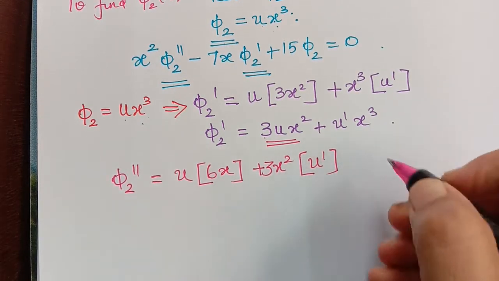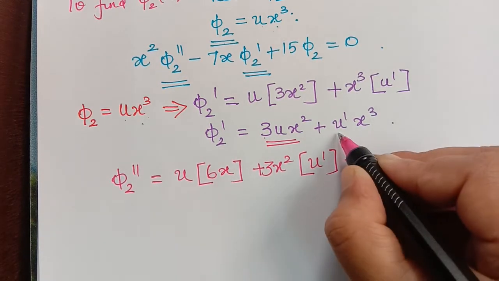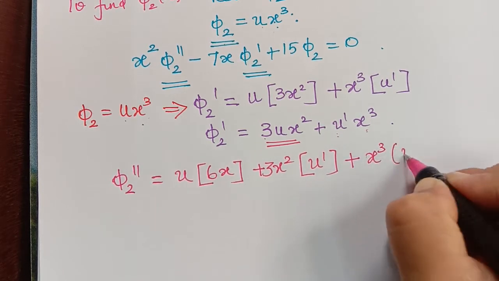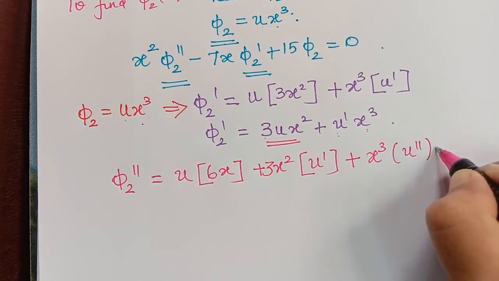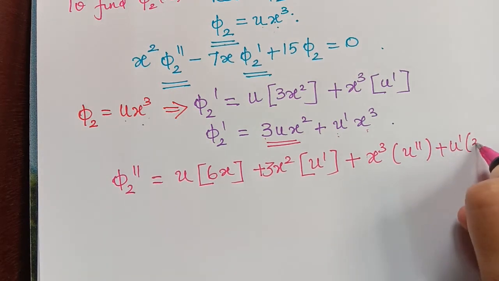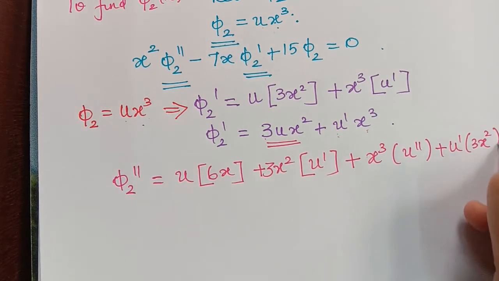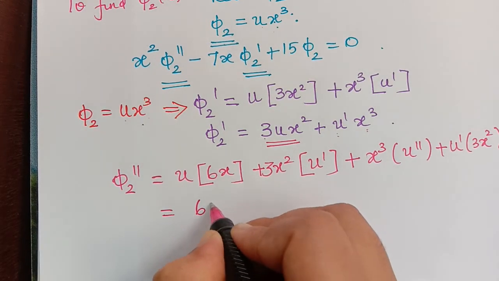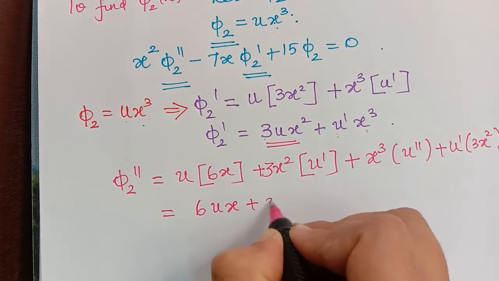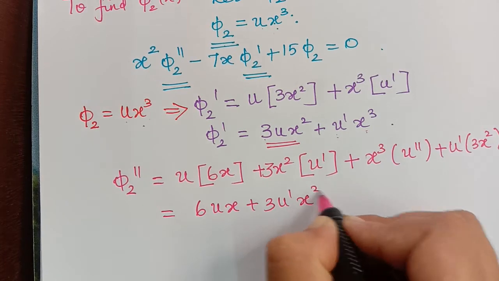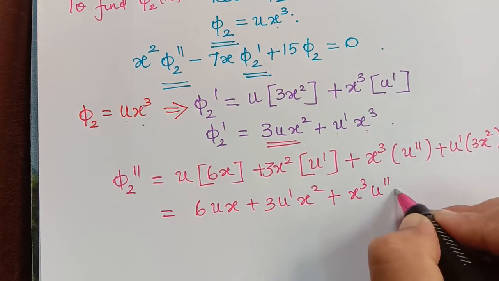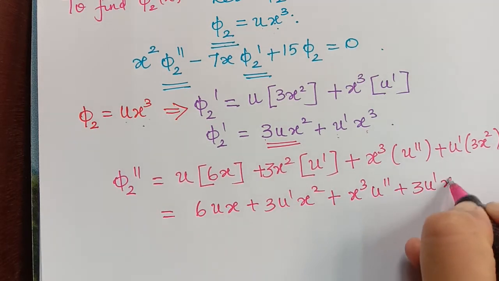So 3x squared u dash plus, now similarly for these two, first x cube we will have as it is, so u double dash plus u dash we will have as it is, and we get 3x squared. On simplifying this, we get 6ux plus 3u dash x squared plus x cube u double dash plus 3u dash x squared.